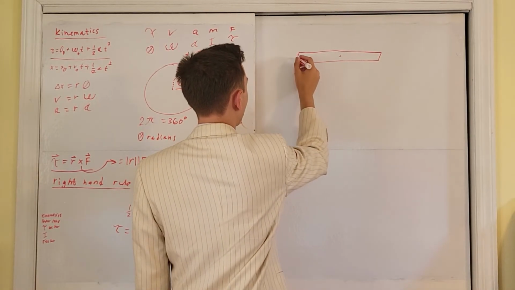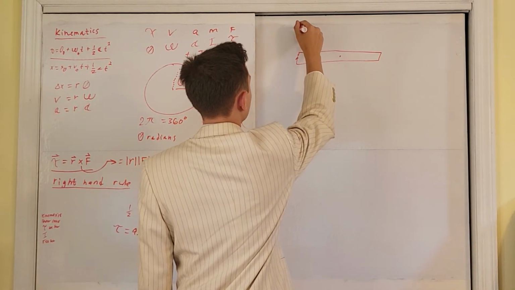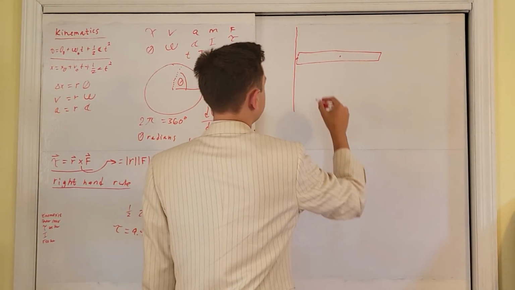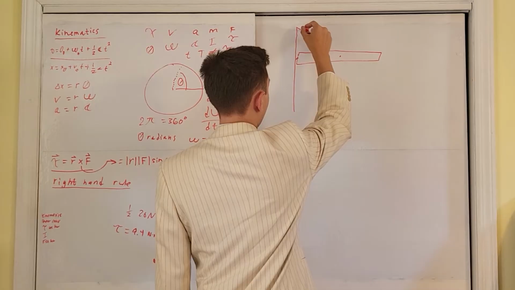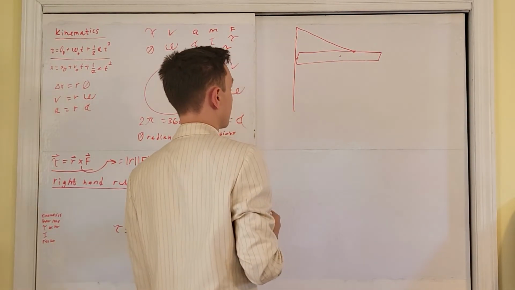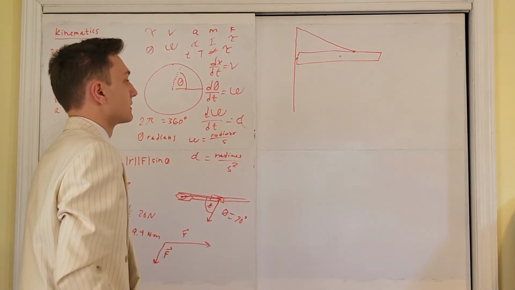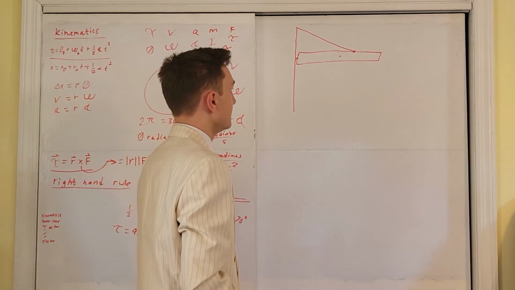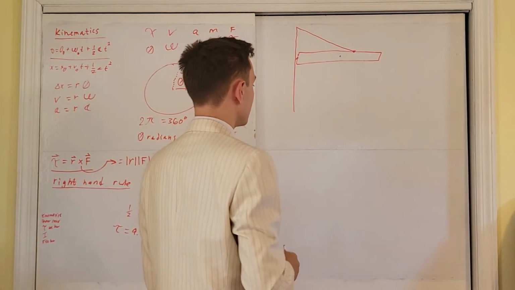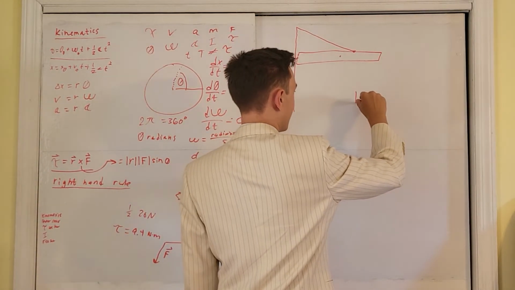So let's say I have a rod that is allowed to pivot because it's connected to a hinge connected to this wall. And let's say it has a string holding it right here, okay? And you are told that the rod is held in place in this position, okay? Now you'd be asked to draw a free body diagram of the rod.